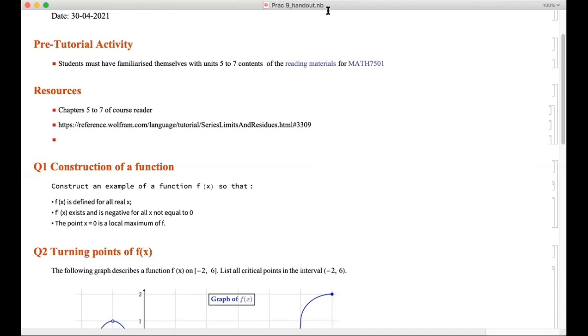Anyone? Can you think of such a function? It's okay if you get it wrong, just try. You can use Mathematica to plot it.